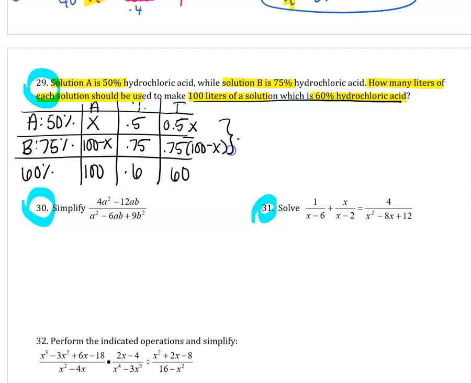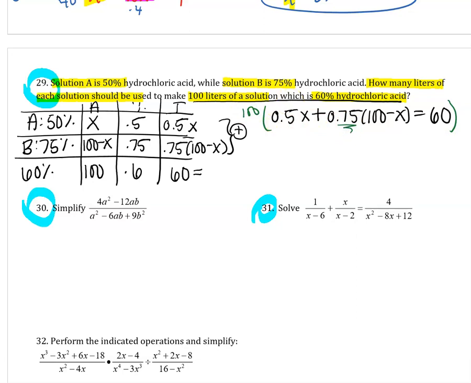Now you're adding A and B together to create your mixture of 60%. So I have 0.5x plus 0.75 times 100 minus x equals 60. And I'm personally going to multiply through by 100 because I want to make this decimal go away.